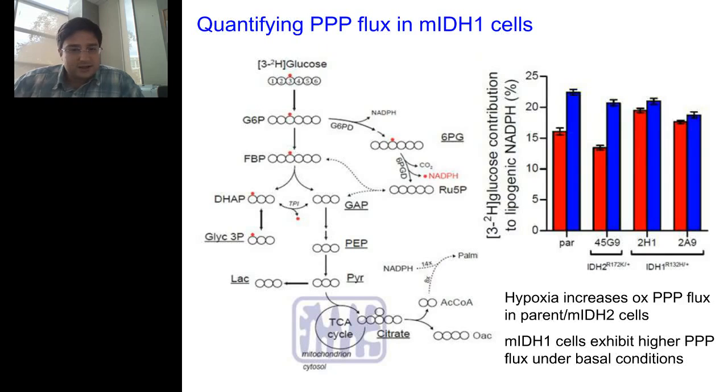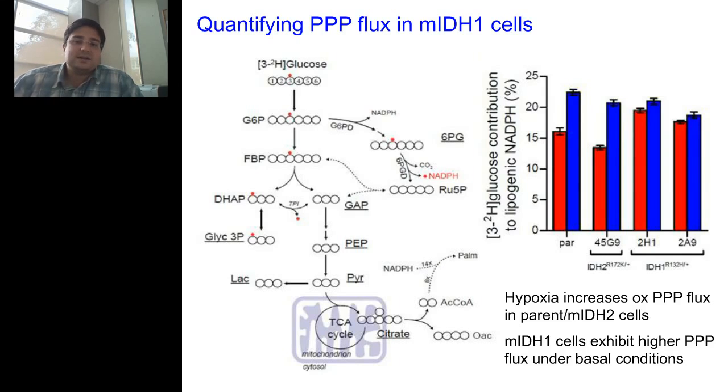And if we look at this in our IDH mutant tumor panel, we see the same response, where the parental cells and IDH2 mutant cells really increase their reliance on PPP flux to generate NADPH under hypoxia. Consistent with our results before, IDH1 mutant cells are somewhat compromised under hypoxia, and they already exhibit an increased dependence on PPP flux and can't really increase this much more.